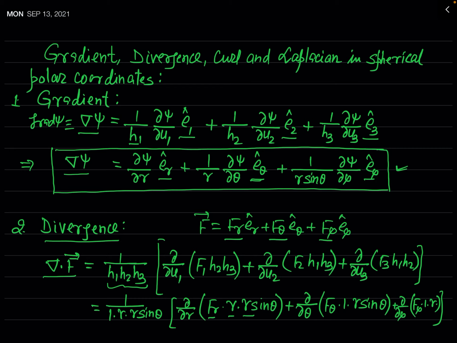In the second term, u2 is now written theta, so this is del del theta, and f2 will be written f theta, h1 is 1 and h3 is r sin theta. And in the last term, u3 means now phi, so this is del del phi, f3 will be written f phi, h1 is 1 and h2 is r.